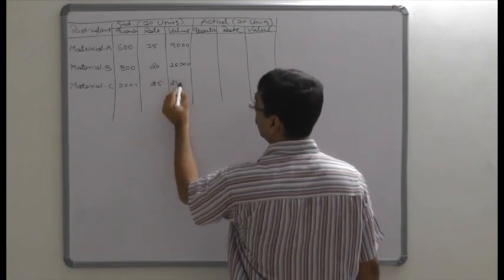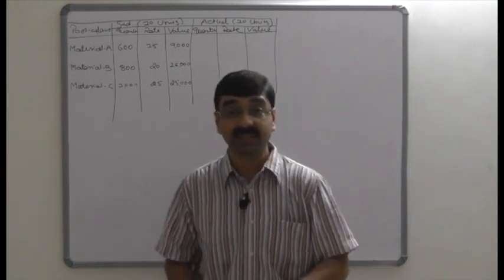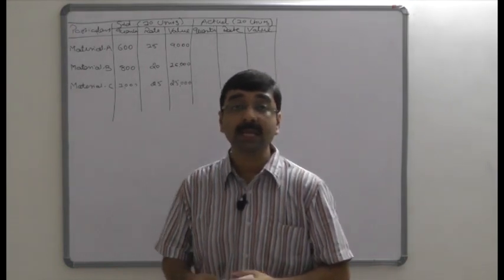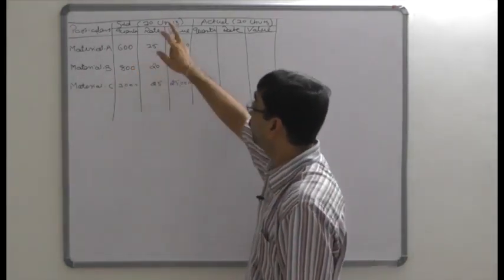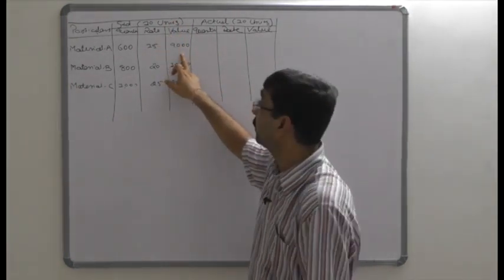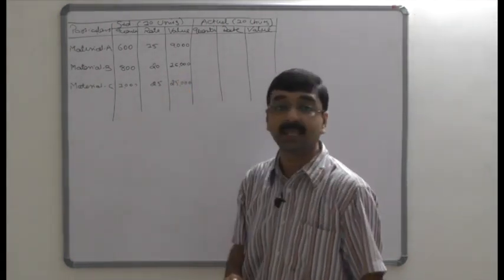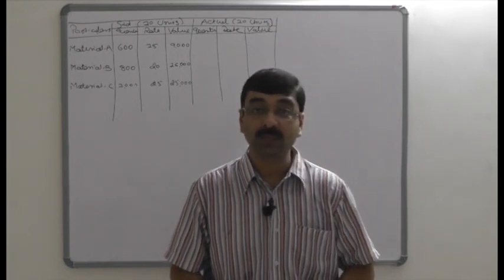So here the total standard value for material C is 25,000. That means the company has assumed for material A, for manufacturing of 10 units, they are ready to spend 9,000 rupees, for material B 16,000, and for material C it's ready to provide 25,000 rupees.